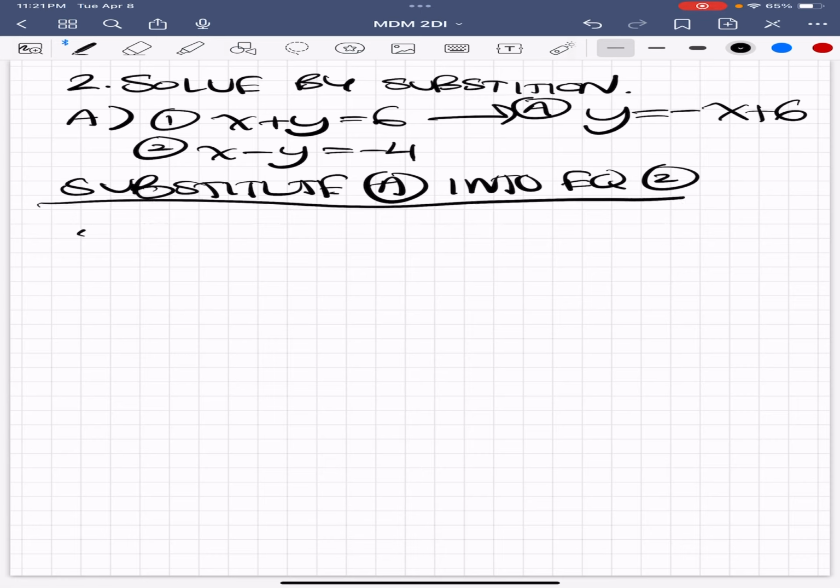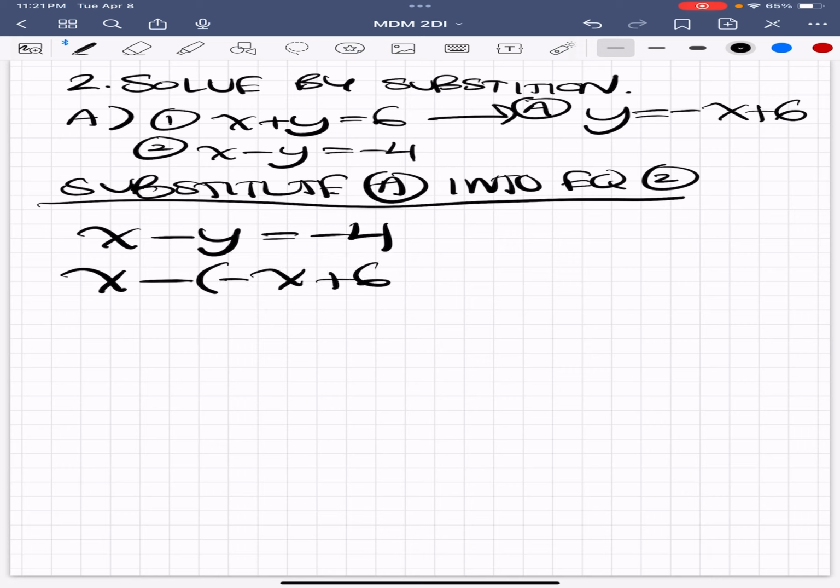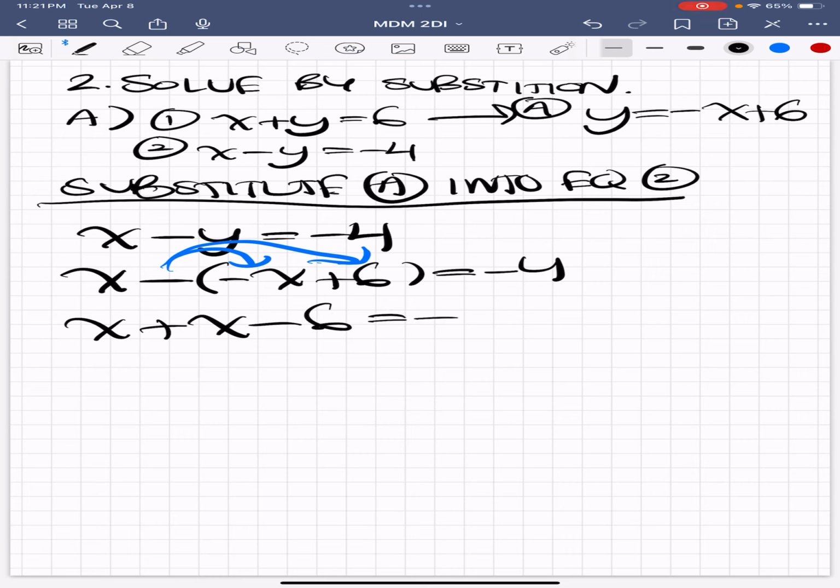So we have x minus y equals negative 4. Then we have x minus (negative x plus 6) equals negative 4. And then I'll go with blue. Expand out. For that negative in front of that bracketed expression, we have x plus x minus 6 equals negative 4.